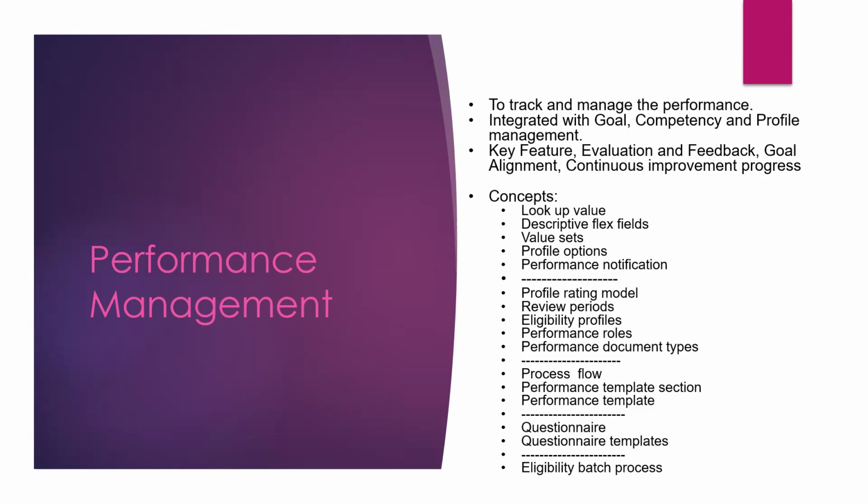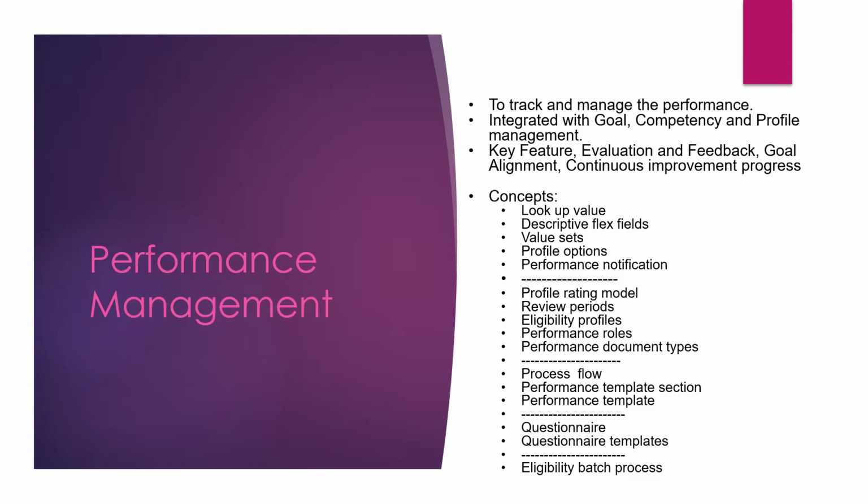Performance roles is a different concept. We will see that it is for different types of users who can access or perform different tasks. Performance document types are the simplest thing, which should be used in the next area, the review process.